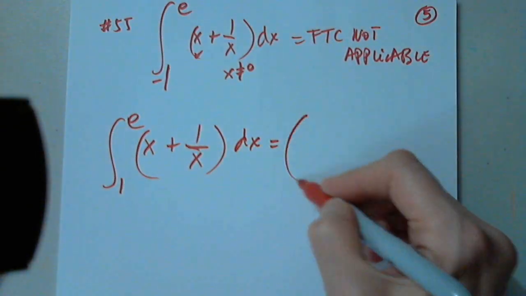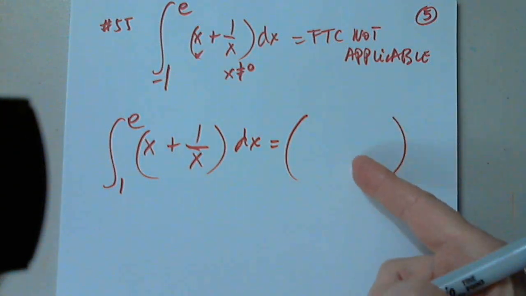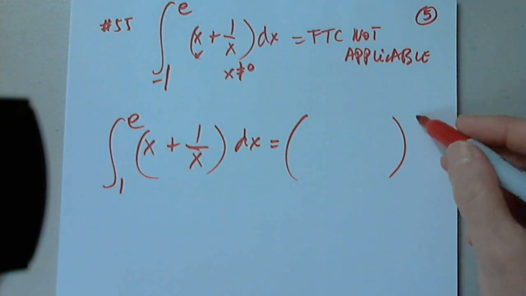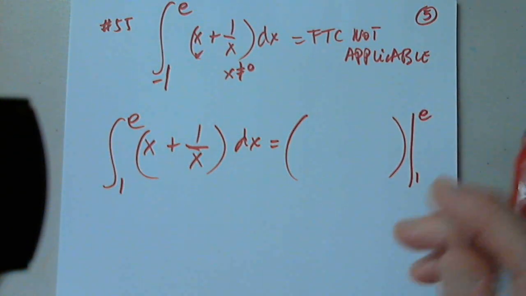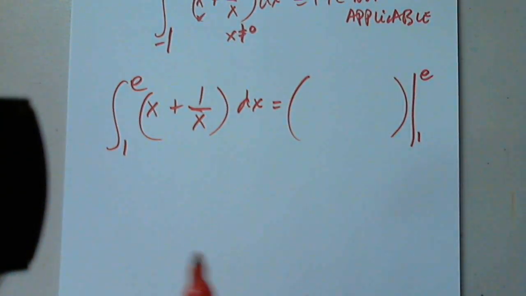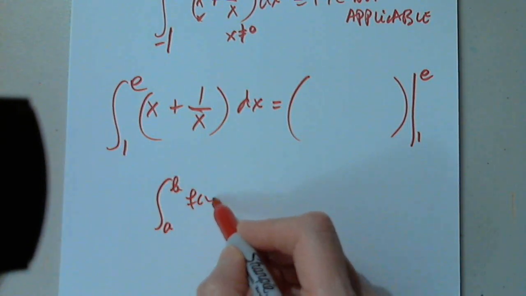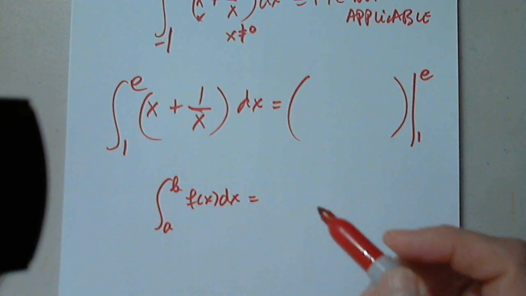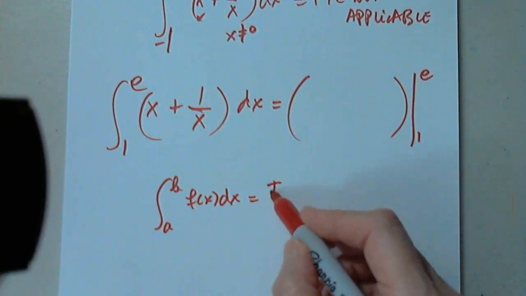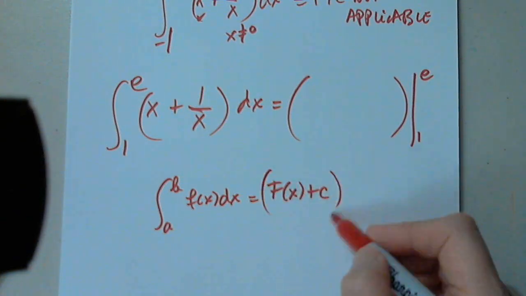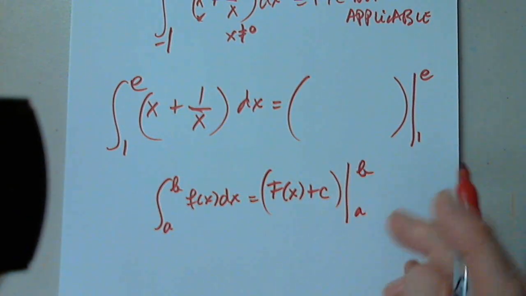So all I have to do is find the antiderivative, the most general antiderivative, without a c, of course. And in case you are wondering why without the c, let me explain. If we have the integral from a to b of f of x dx, we could say this is F of x plus a constant c, but it has to be evaluated from a to b.